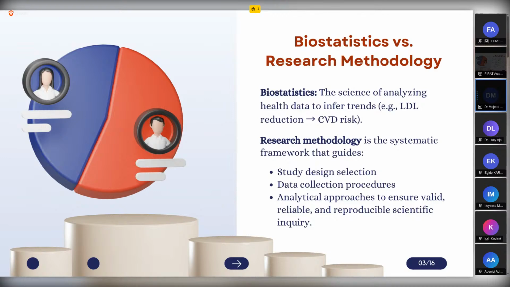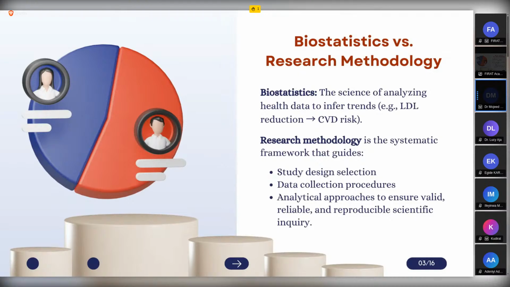Yeah, that is correct. So research methodology is going to guide you as to the correct design that will enable you to answer your research question. Number two, it is going to help you in the data collection process.